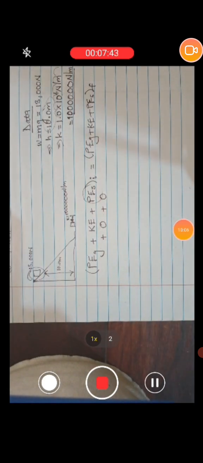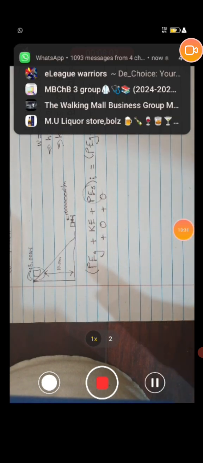Remember, gravitational potential energy is the energy due to the height of an object. So any object which has height, or any object which is placed above or elevated, should always have gravitational potential energy because of the height.